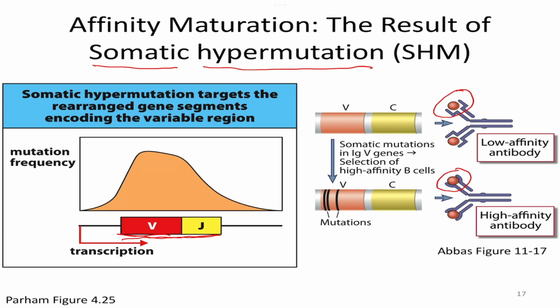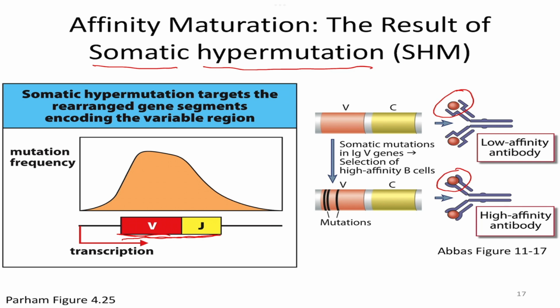But there is a little bit of a trick here, sort of an assumption that I have made in this process. We are getting a whole bunch of point mutations in our variable region. And here I tell you that overall the affinity is going to improve.